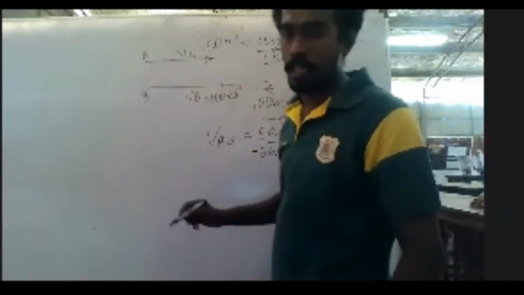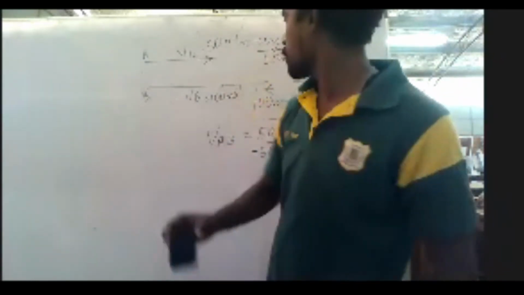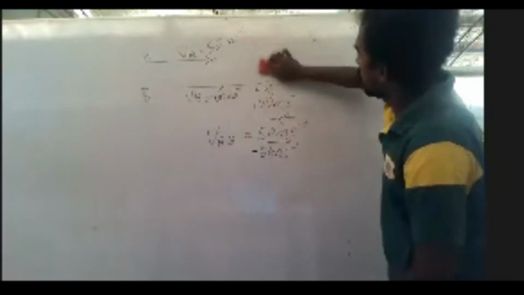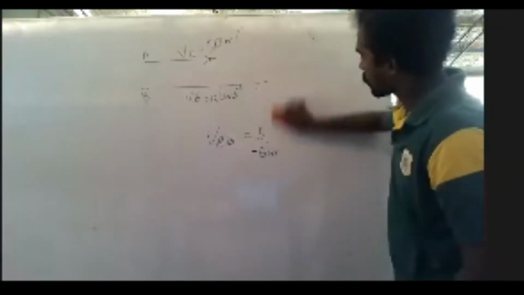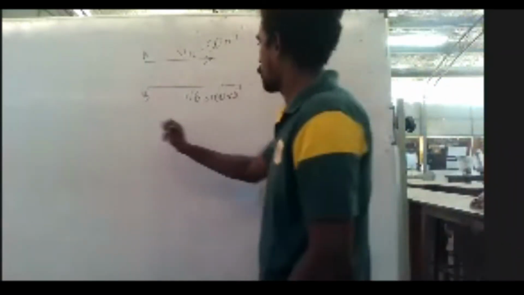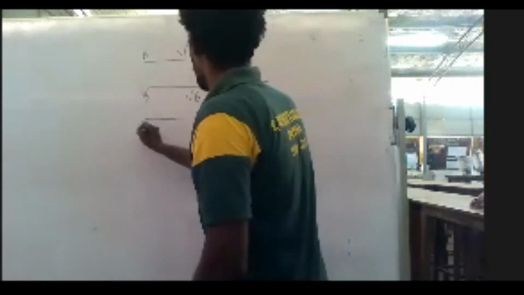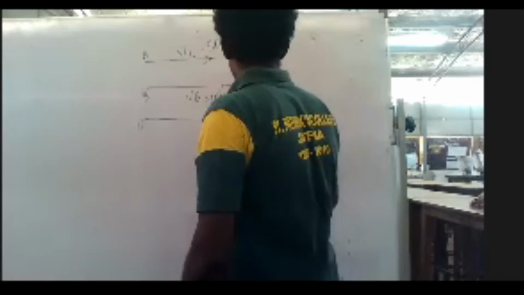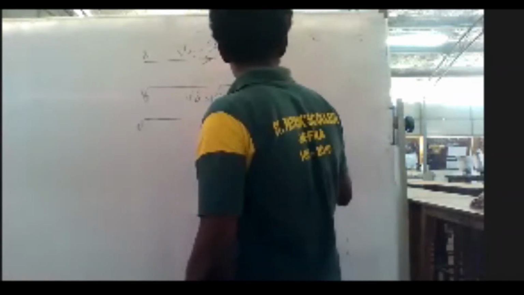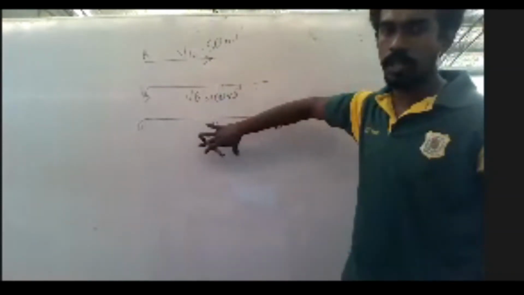So you understand this concept, right? Now we will put it in the equation, all right? So I will mark a few points: O, A, B. All right.